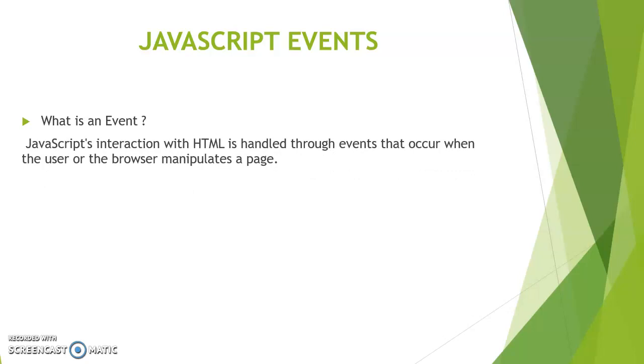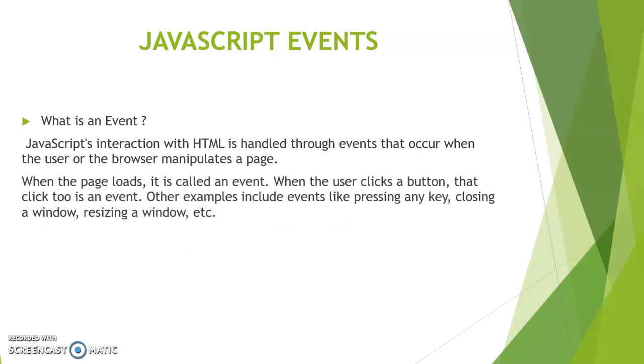JavaScript interaction with HTML is handled through events that occur when the user or the browser manipulates a page. When the page loads, it's called an event. For example, when the user clicks a button, that click is an event.